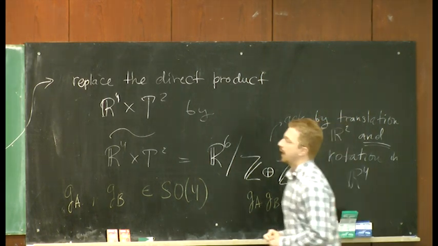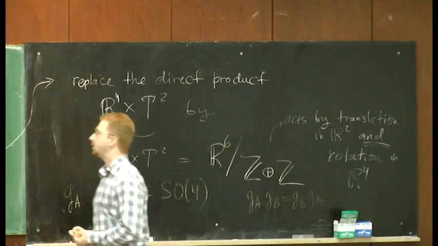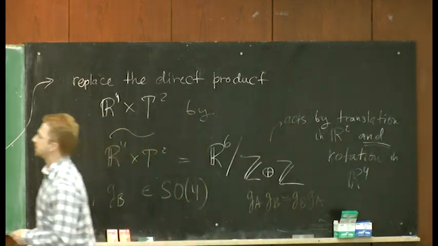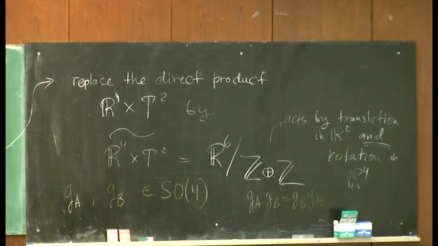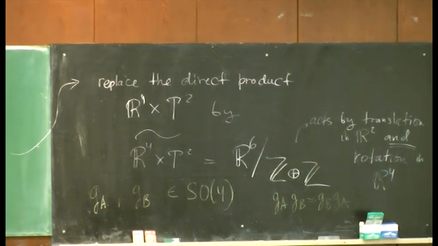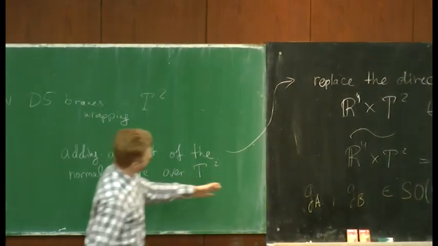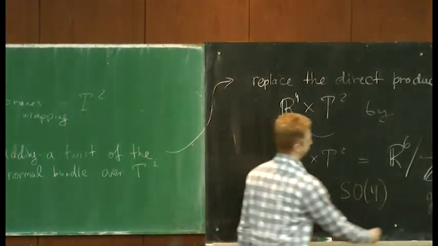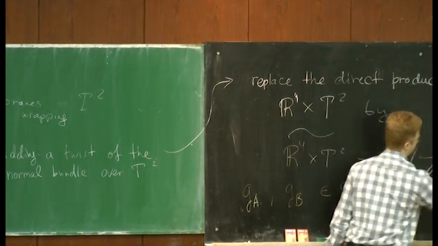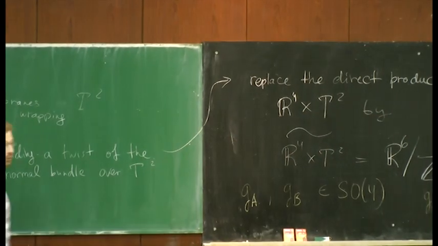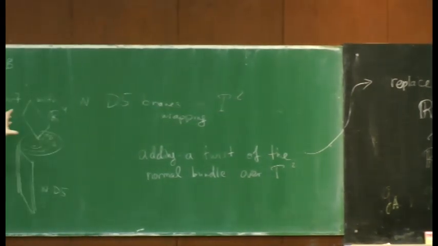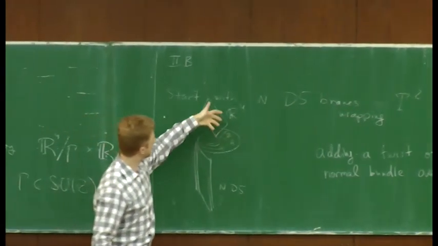in SO4. And then the other condition is that we still want to preserve some supersymmetry, because we want to construct a supersymmetric gauge theory after all. So if you keep these rotation parameters generic, then you would break all supersymmetry, because the spinors which generate supersymmetry transformations get rotated.